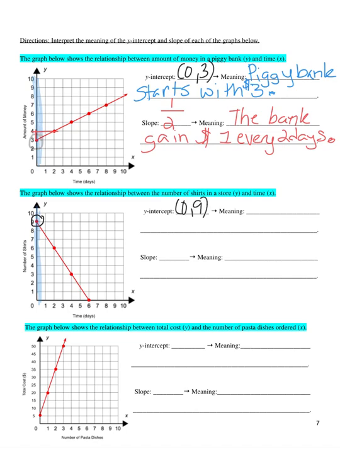What does that mean? The store starts with 9 shirts. All right, next I'm going to find my slope, which is my rise over run.